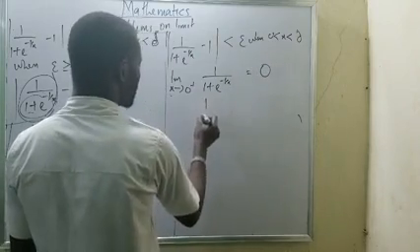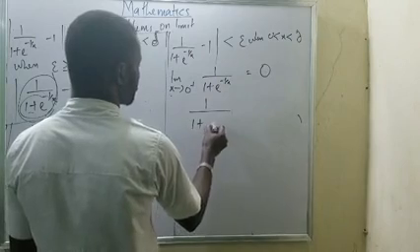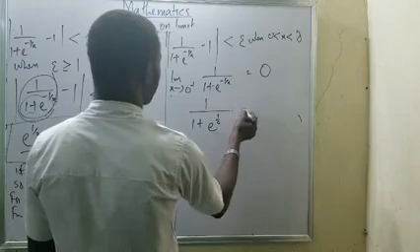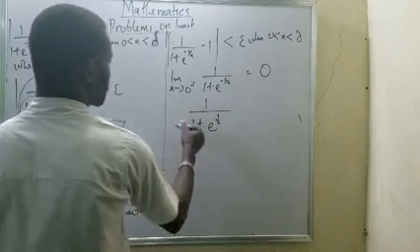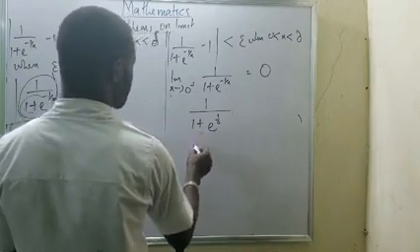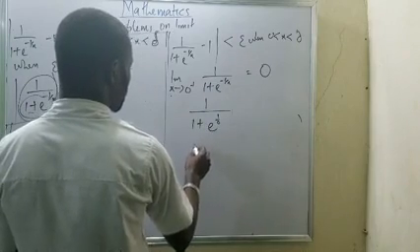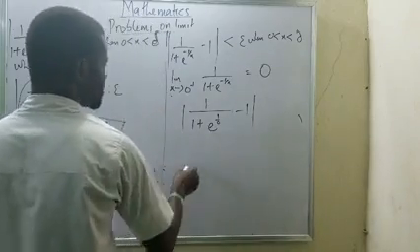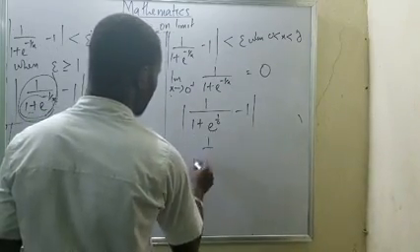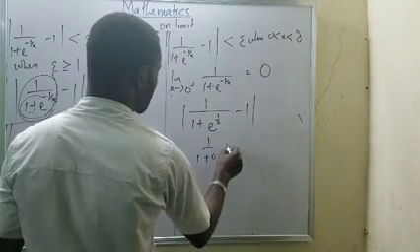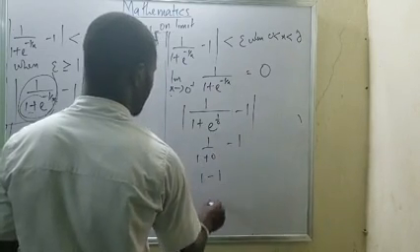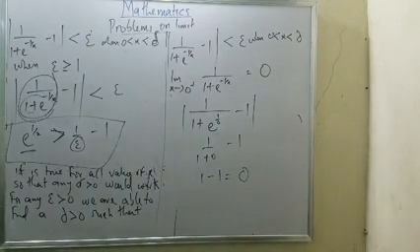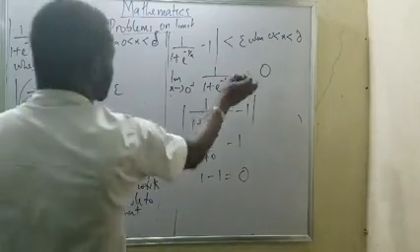It means I'll be having 1 all over 1 plus e raised to power 1 all over 0, which is this. It will be equal to minus 1, and I'm talking about the absolute value of that, which is 1 all over 1 plus 0, minus 1, which is going to be 1 minus 1, equal to 0. That is why that becomes 0.